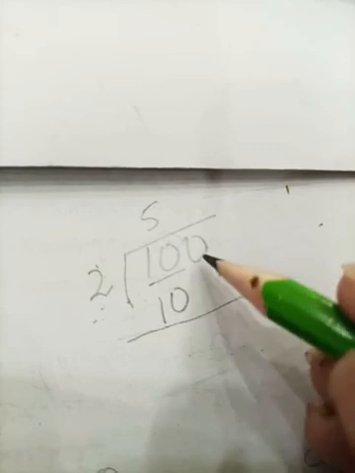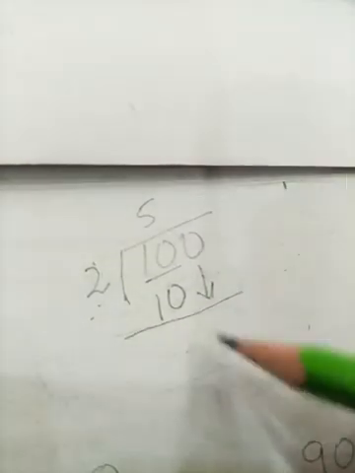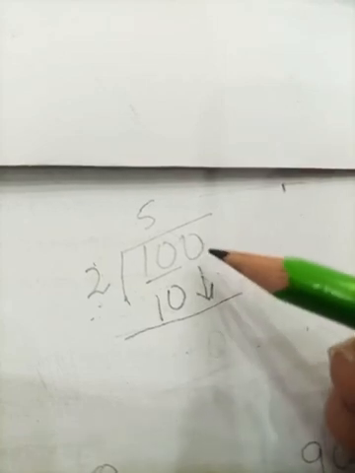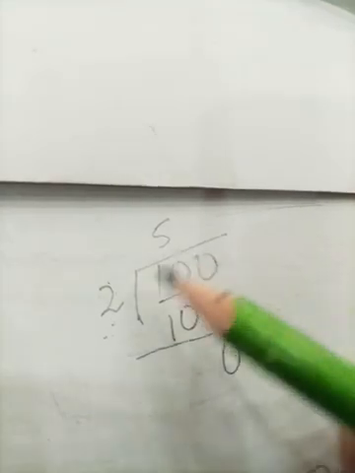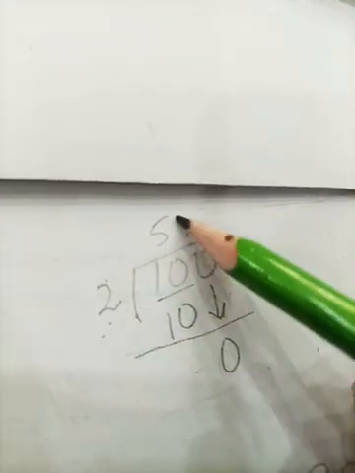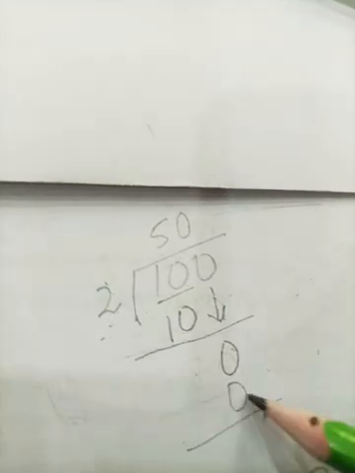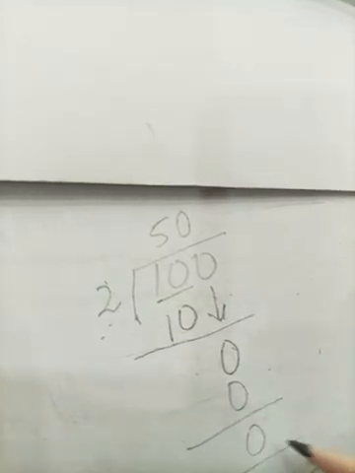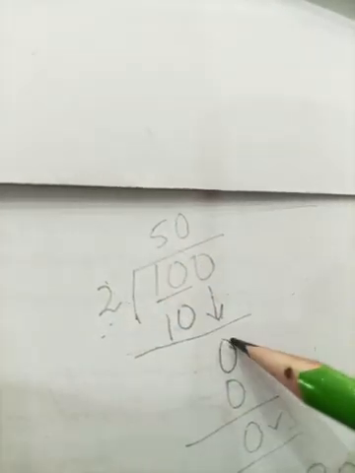So look at this. This 0 is left, so I am taking this 0 down here, and in the next step I will mark 2 zeros are 0 here. 0 minus 0, and now here is our remainder 0. So students, 50's 2s are 100.